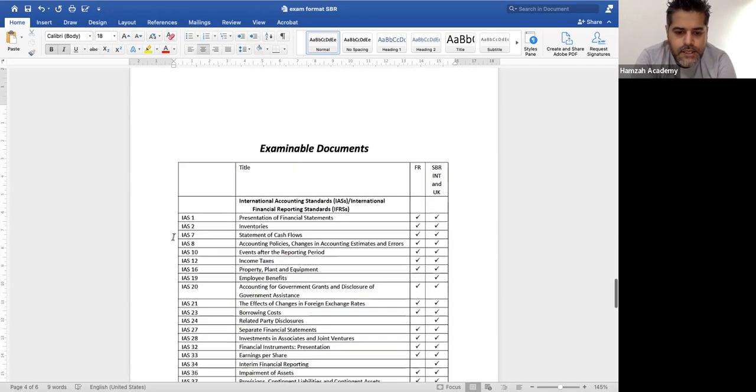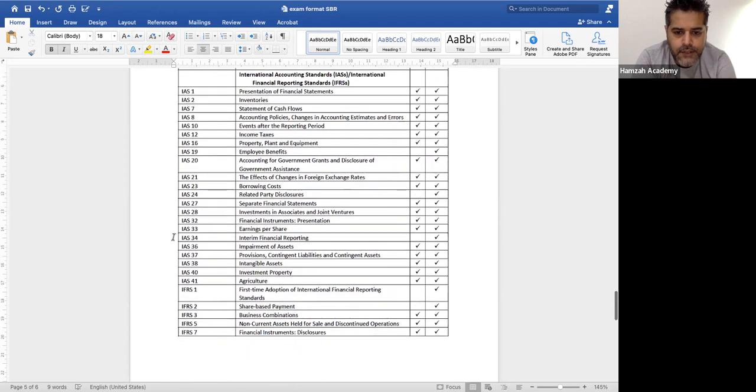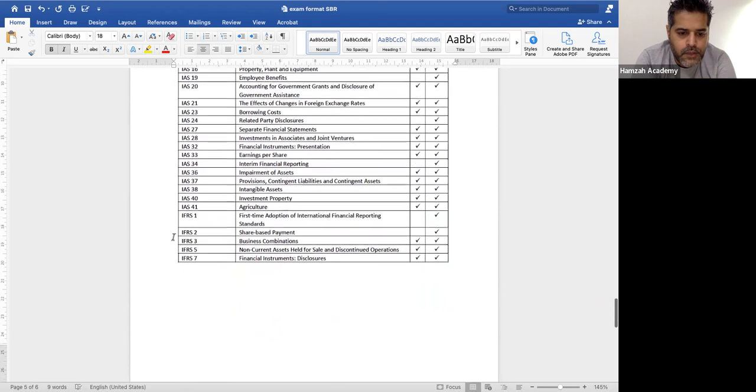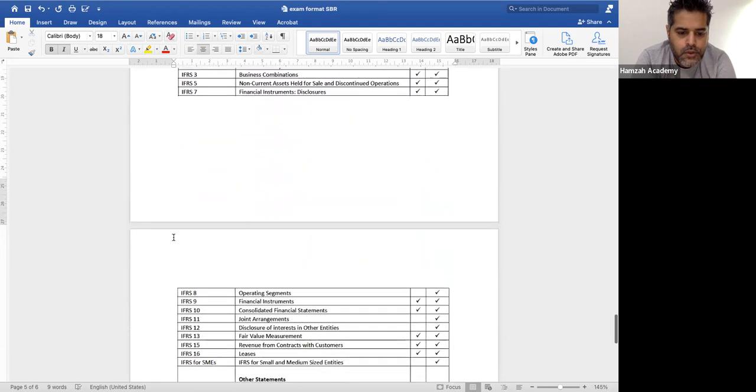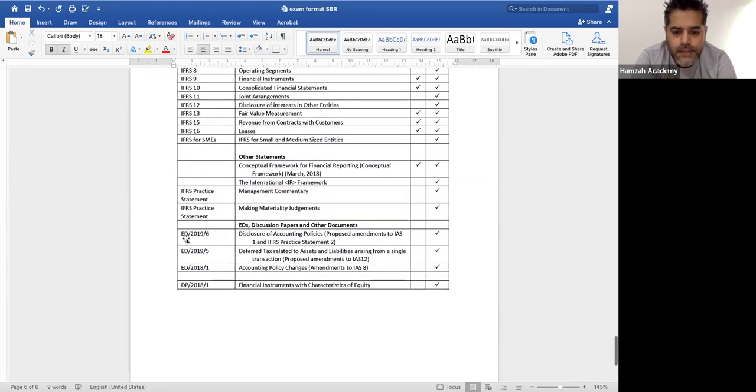Then we have the examinable documents. These are the accounting standards, ranging from IAS 1 to IAS 41, and from IFRS 1 to IFRS 16, then the small and medium enterprises standard, and then the exposure drafts. But these exposure drafts are not examinable now. This is the latest amendment.